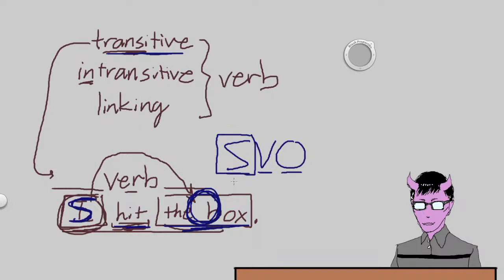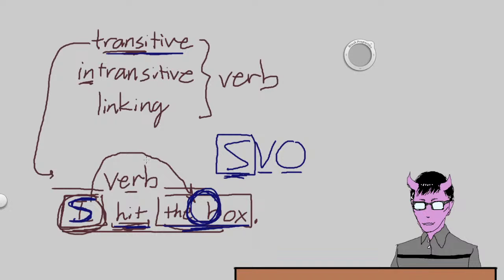This is why statement order is important, because the first noun for a transitive verb, the first spoken one and the first written one, is always the doer of the action. So if you said, I hit the box, it is distinct from saying the box hit me. You might notice it changed from I to me, but more on that later.